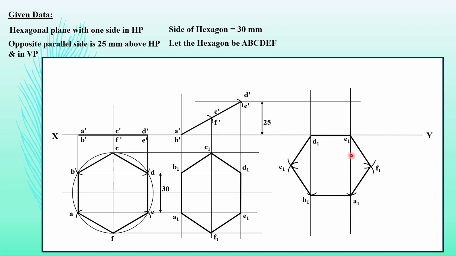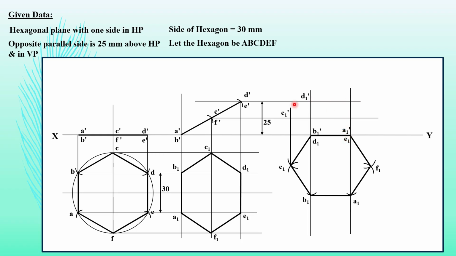On this vertical line, A is there, and from here it is on XY line, so this point becomes A1 dash. B is on this vertical line, here it is on this XY line itself, so this is B1 dash. C is on this vertical line, here it is on this horizontal line, this is the intersection point, this becomes C1 dash. D is on the same line here and it is on the locus here, so this becomes D1 dash.